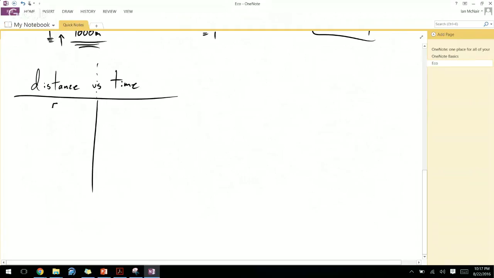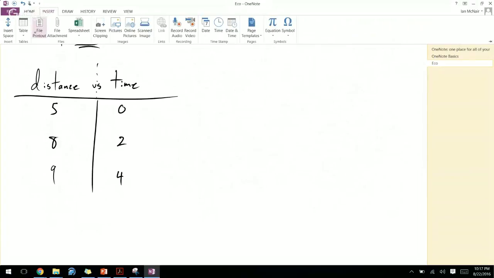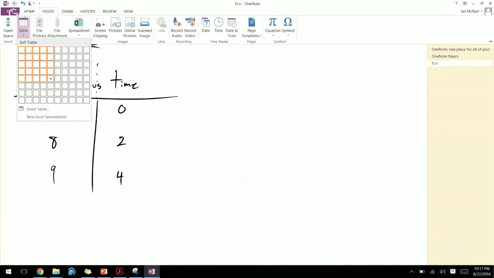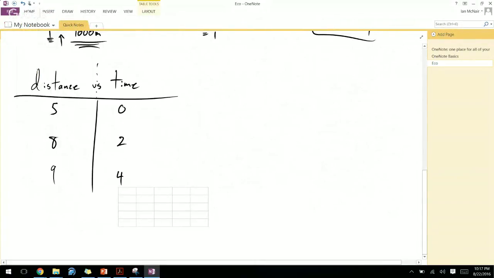Let's say we start at 5, 8, 9, 0, 2, 4. So I'm going to make a graph here. Table. We'll do a 5 by 5 just to make it simple.